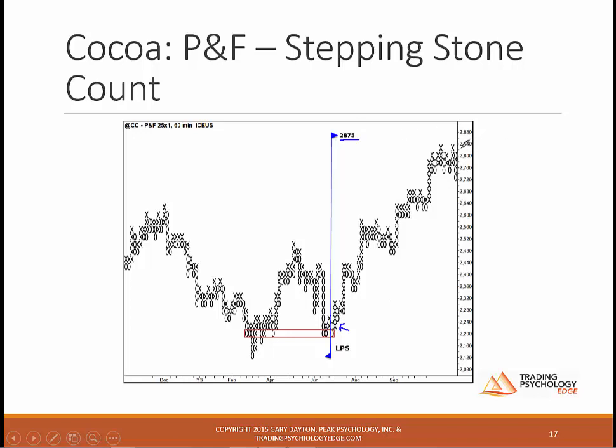It's at 2840 here, it looks like. So you can see that count was pretty good, and let's take a look now at a couple of things. Each time we see the markup occur, it's followed by a modest congestion area.